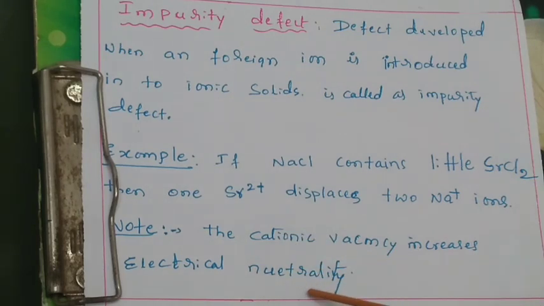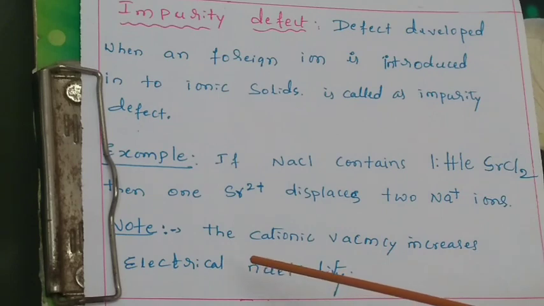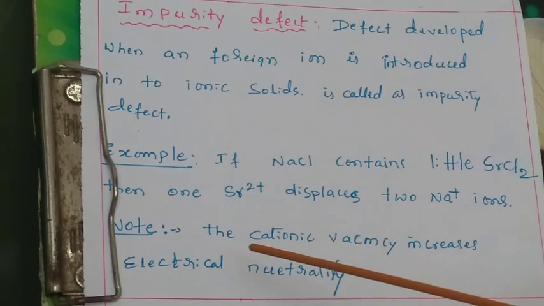It is not electrical neutrality; it increases the electrical conductivity of the crystal. So, we conclude that the impurity defect increases the electrical conductivity of the ionic crystal.